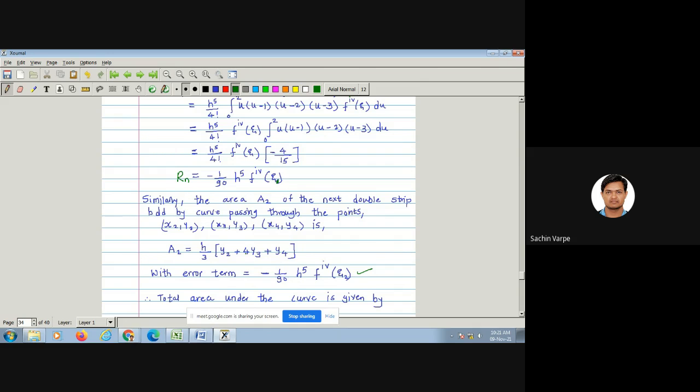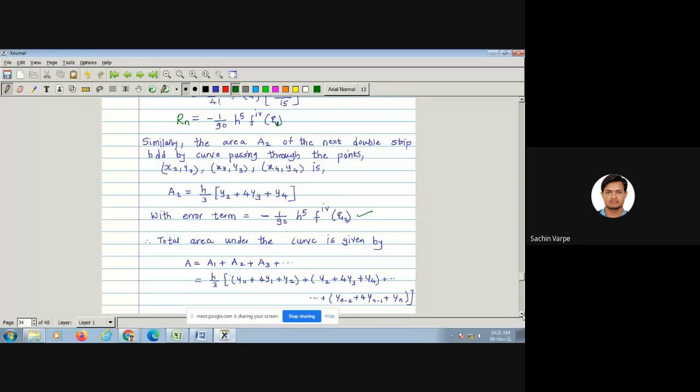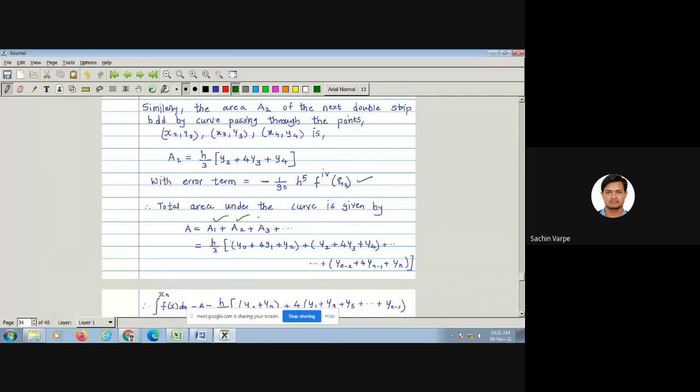In a similar manner, A3 will be the area of the double strip passing through the points x3, y3, x4, y4, and x5, y5, and so on. When I add all those areas, I'll get the total area bounded by the curve, or area under the curve. Taking h by 3 common, you can see here y2 plus y2 will be 2y2, then 4y1, then 4y3, y4 and the next y4 will be 2y4, like this.